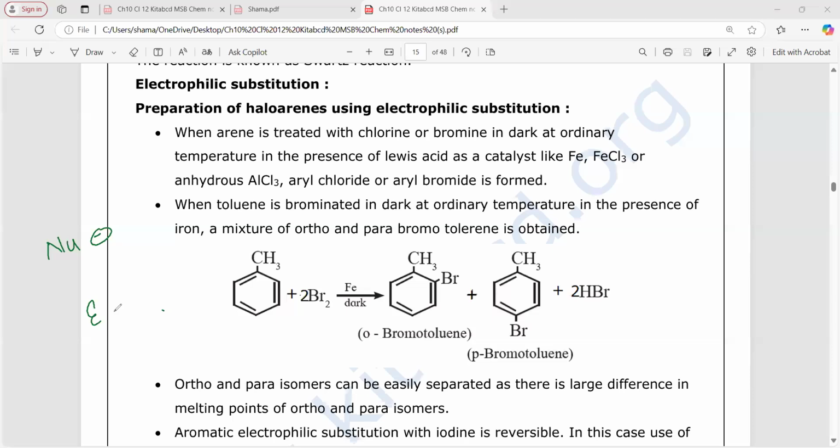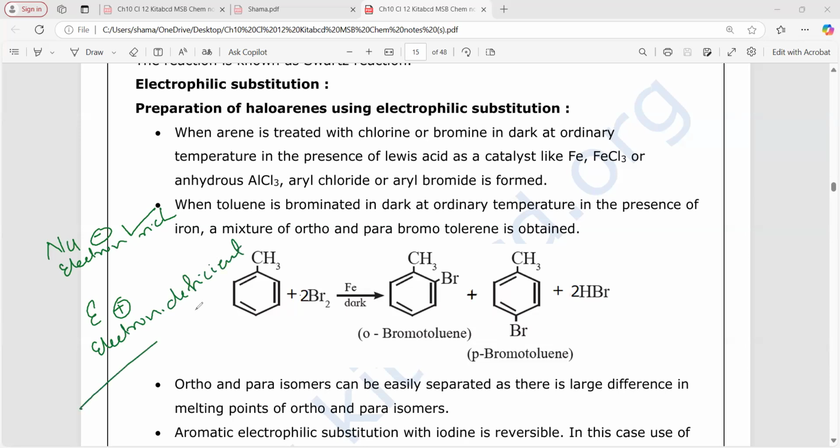Nucleophile is electron rich and electrophile is electron deficient. Understood? Nucleophile is an electron rich species, and electrophile is electron deficient.